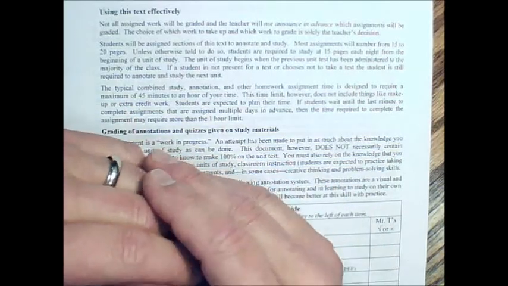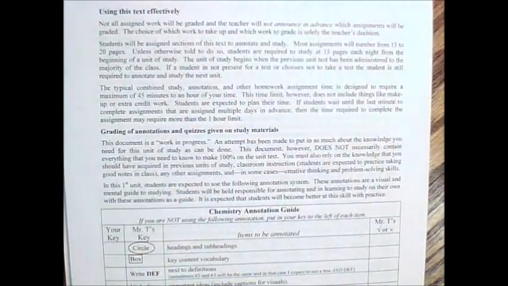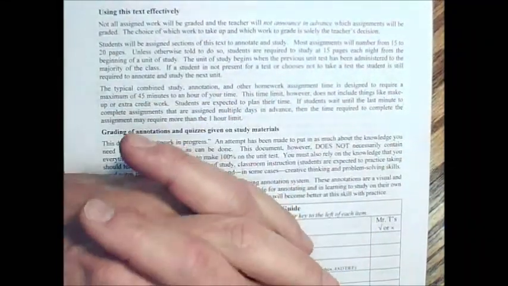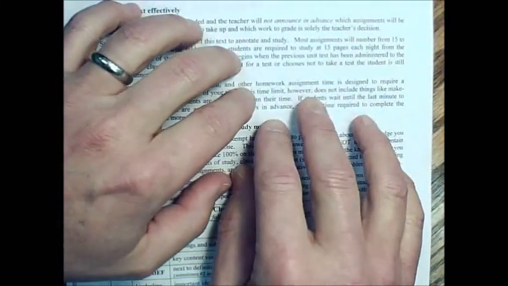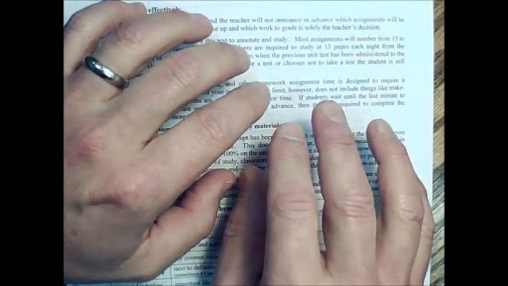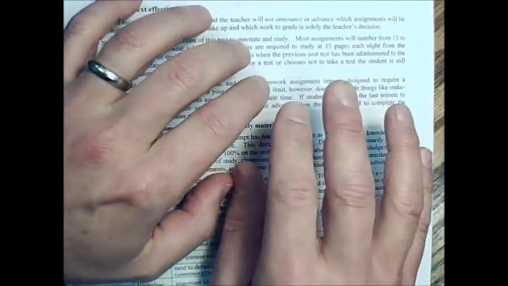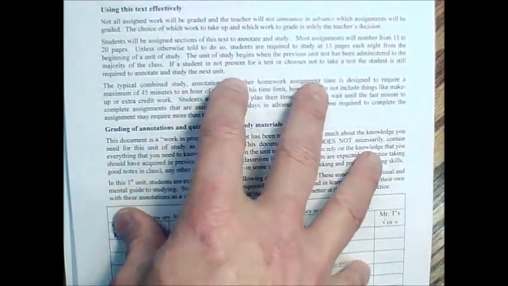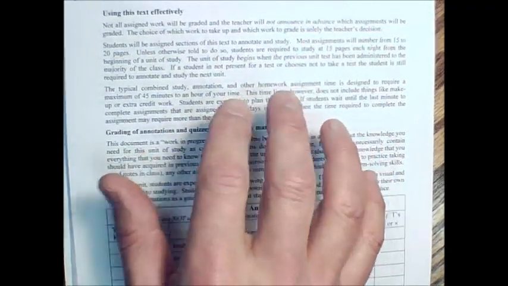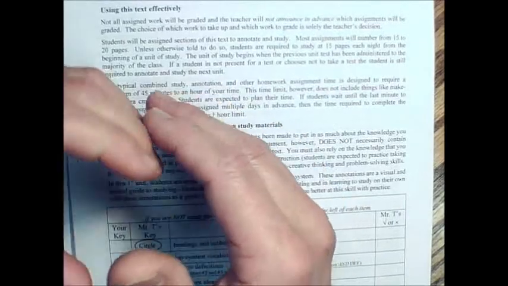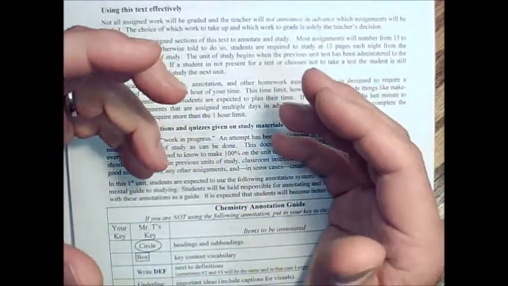Sometimes students spend way more time with the annotations and studying the first time through than they really need to, because what we're also doing in addition to studying at home is we're going over the major things in class. The goal of doing this process is that you have an introduction to the material before you come to class, so by the time you come to class you're getting a second look at it.